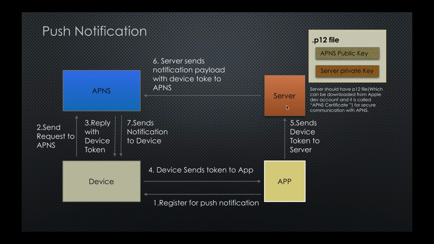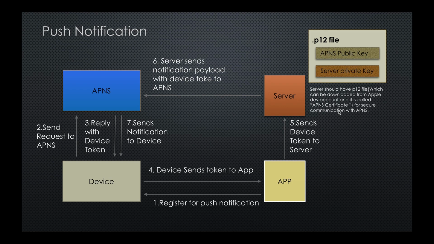So the server will receive the device token from the application, and this server should always have a P12 file. P12 file can be downloaded from your Apple development account, and the P12 file is actually called the APNS certificate.